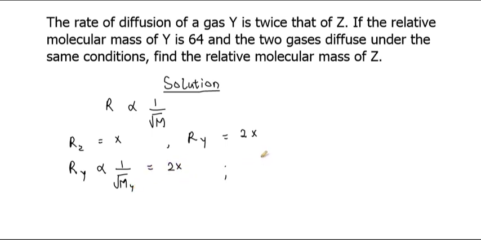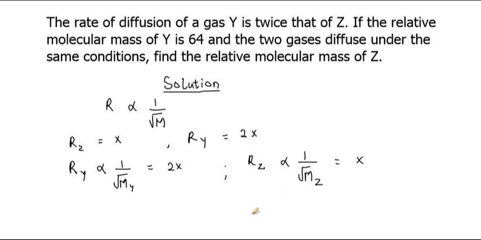For gas Z, we can then say that RZ, the rate of diffusion of gas Z, which varies inversely as the square root of its molecular mass, Mz, equals X.